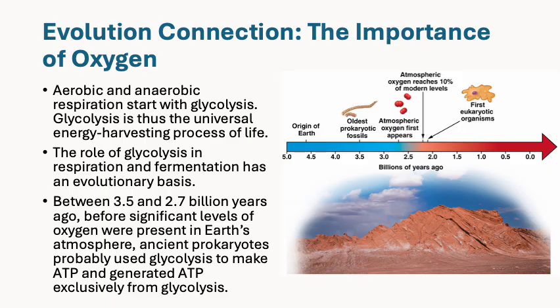Early prokaryotes could not rely on oxygen dependent pathways because oxygen was not available. They likely generated ATP exclusively through glycolysis. The fact that glycolysis is found in almost all organisms today strongly suggests it evolved very early in the history of life and became the foundational metabolic pathway that everything else was built upon.